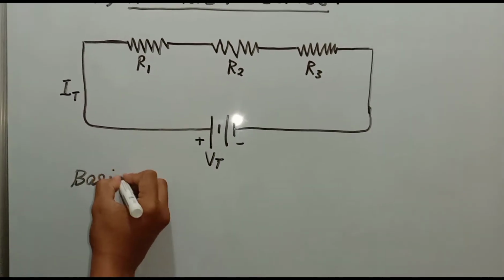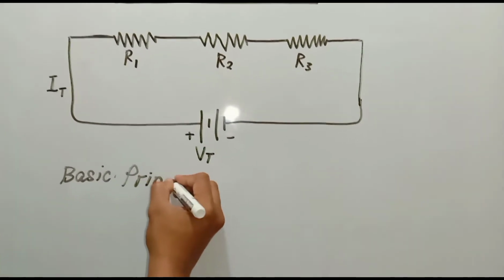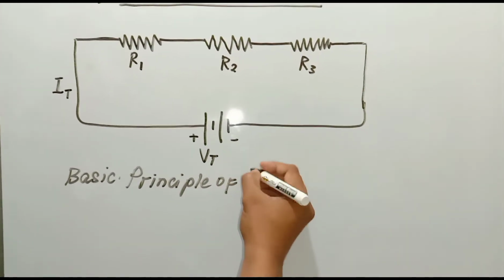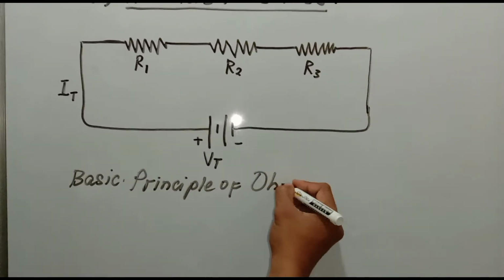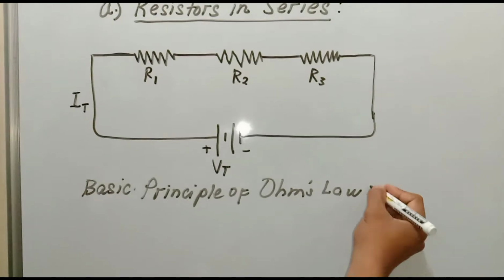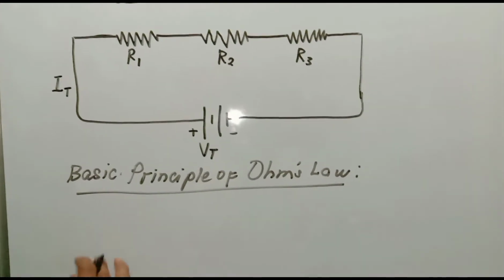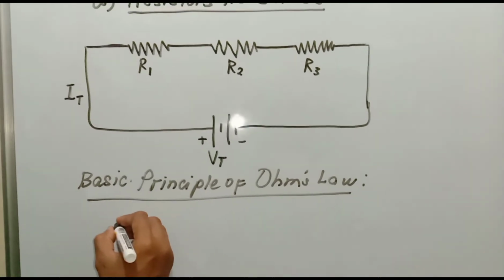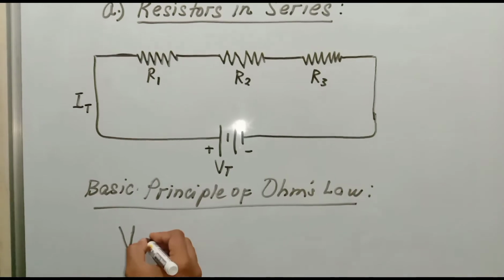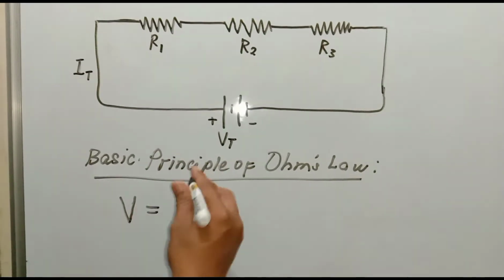The basic principle of Ohm's law is that the voltage is equal to the product of the current and the resistance.